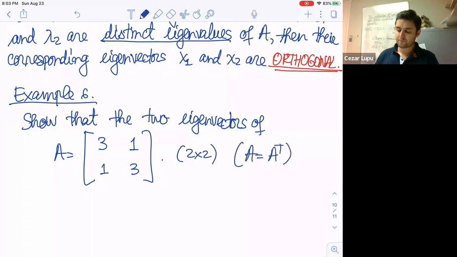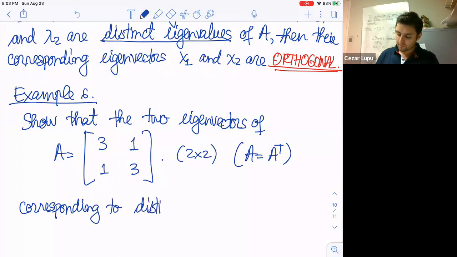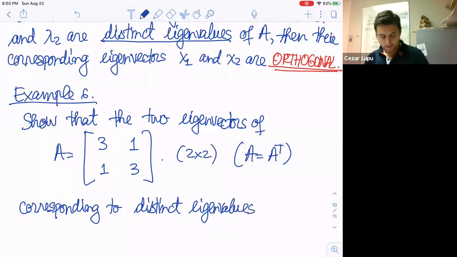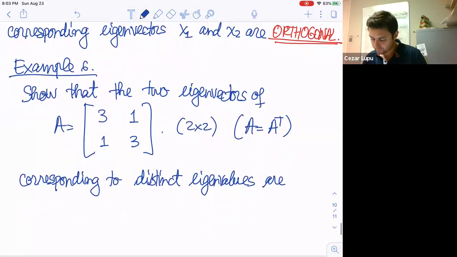That's obvious. A is the same as A transpose. Show that the two eigenvectors corresponding to distinct eigenvalues are orthogonal.